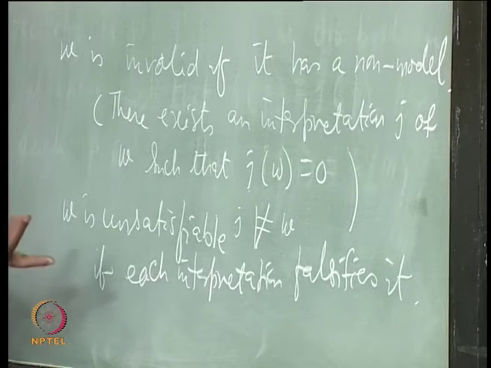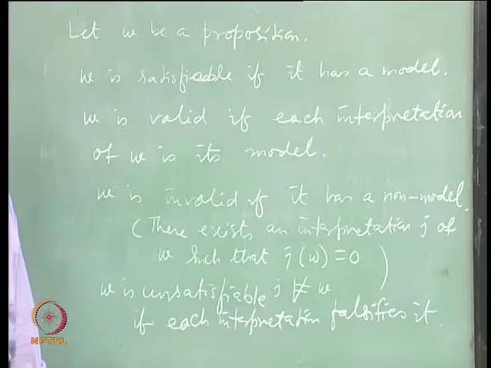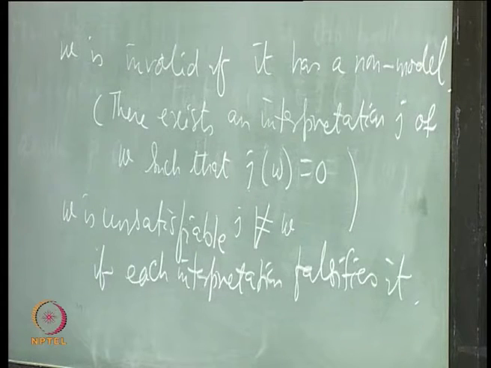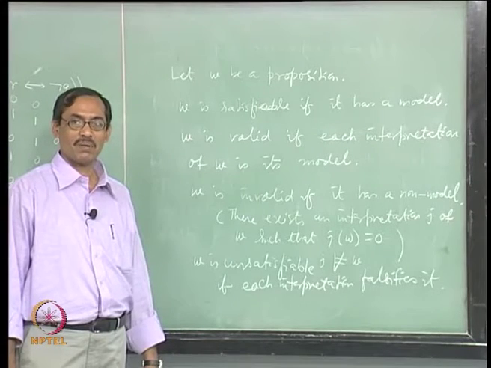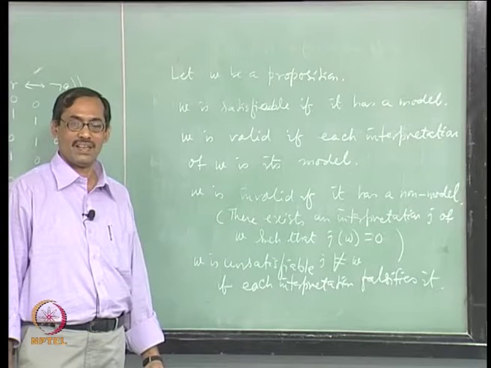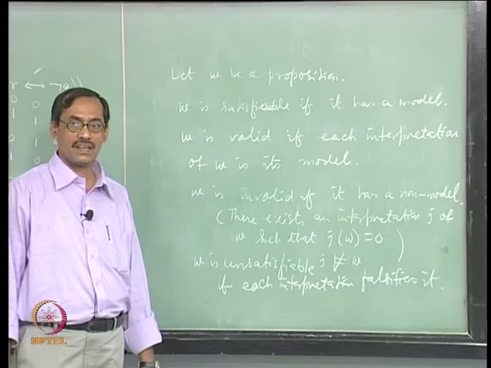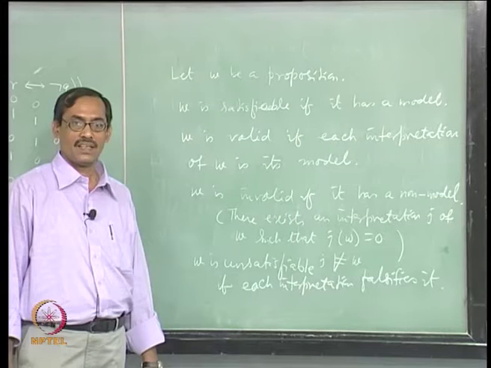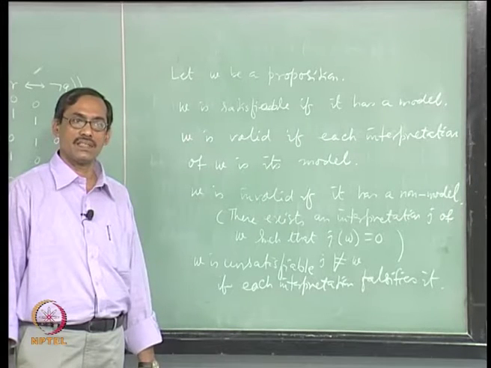But there will be some which are neither satisfiable nor valid. Can there be some propositions which are neither satisfiable nor valid? They are unsatisfiable, right. If something is not satisfiable, then it is invalid, right. So, unsatisfiability implies invalidity.